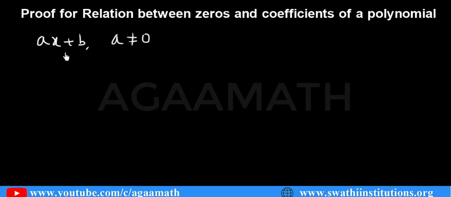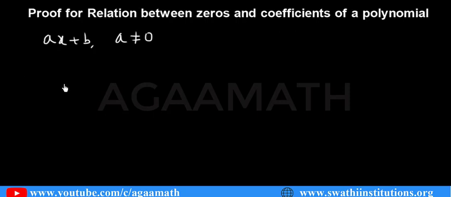Okay, now how do we find the zero of this and make a relation between zeros and coefficients? So here let p of x equal ax plus b, right?